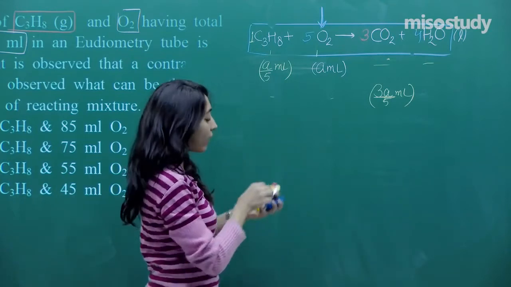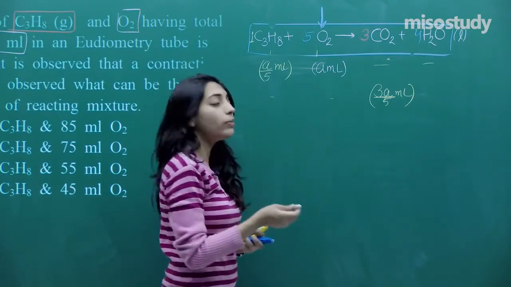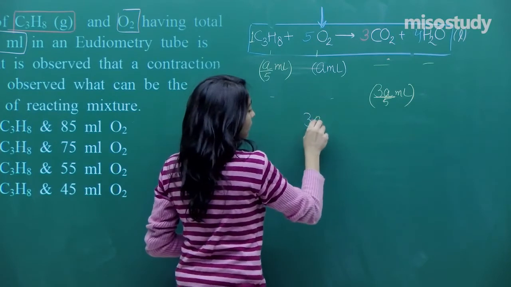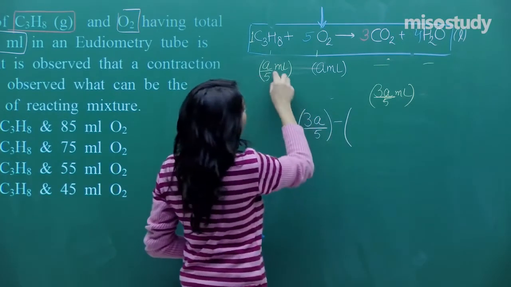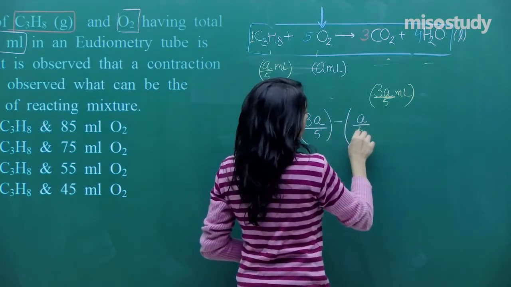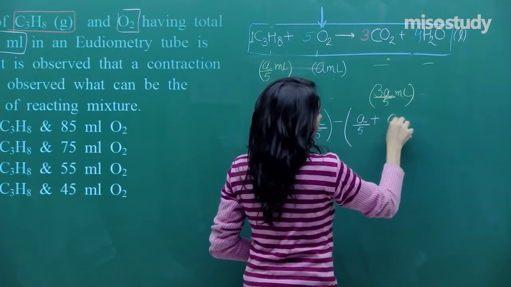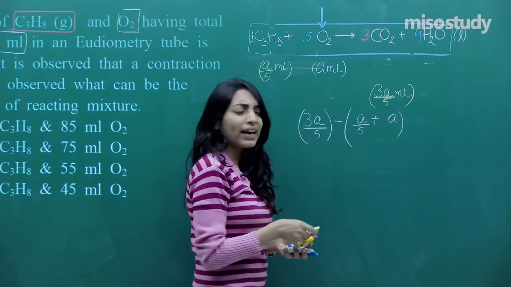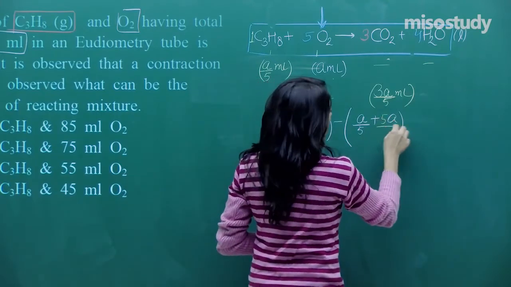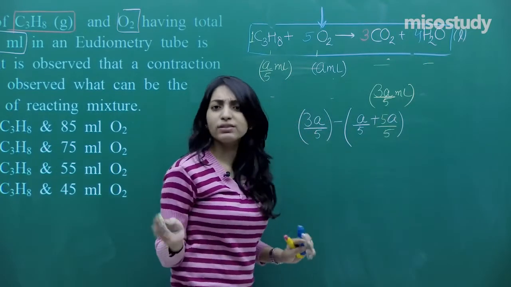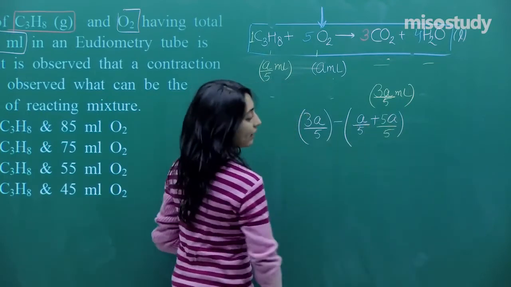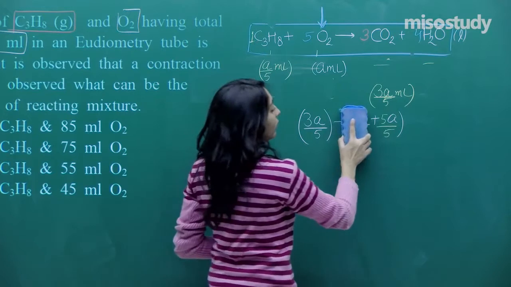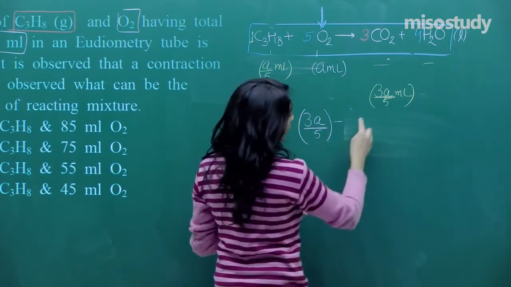Now let us again find out the change in the volume. So change in volume will be 3A by 5 minus A by 5 plus A. So guys, can I write this A as 5A by 5 just for simple calculation? Now A by 5 plus A, this becomes 6A by 5.